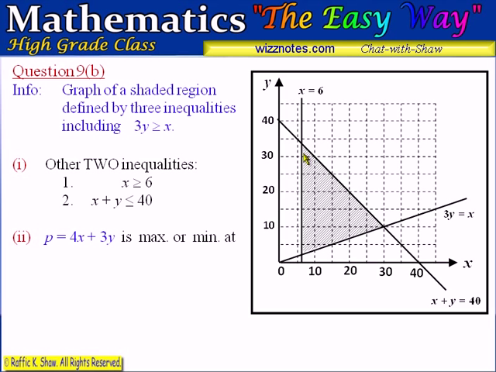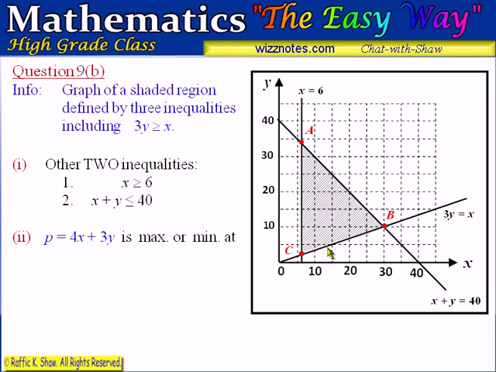So the first place we look for our maximum or minimum values of a function, in this case P, is at the three vertices. So let's show those three vertices. A at this point, B at this vertex, and C at this vertex. These are the three vertices of the shaded region representing the three inequalities associated with these three lines.